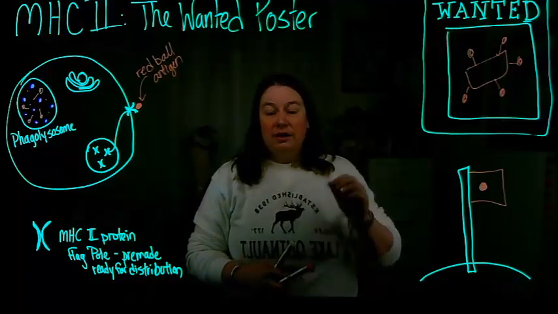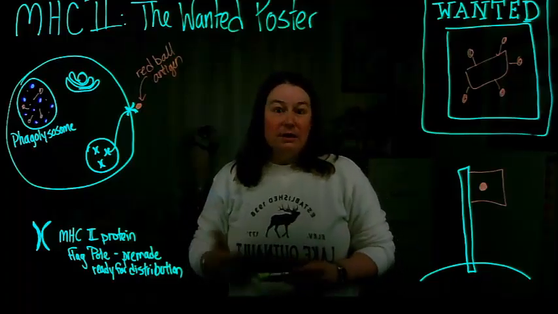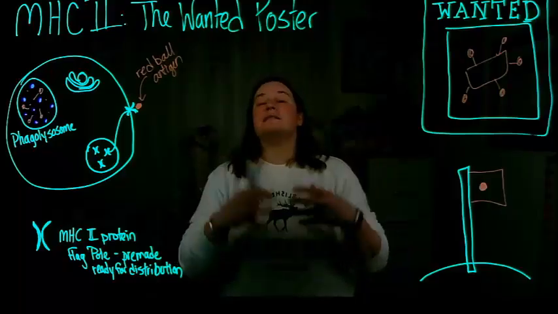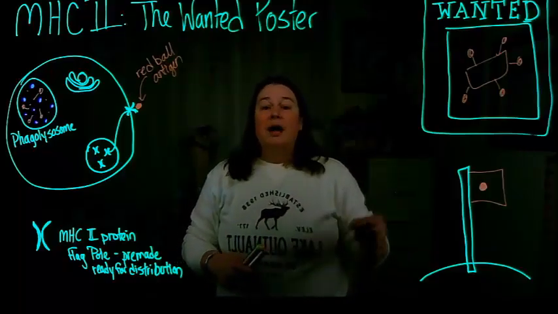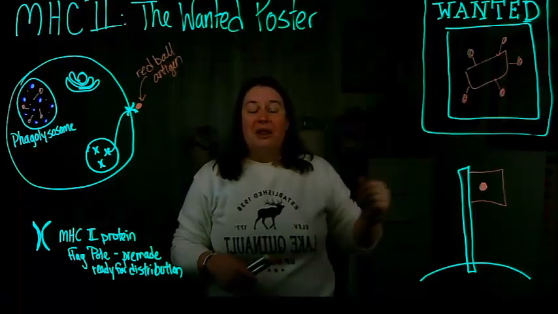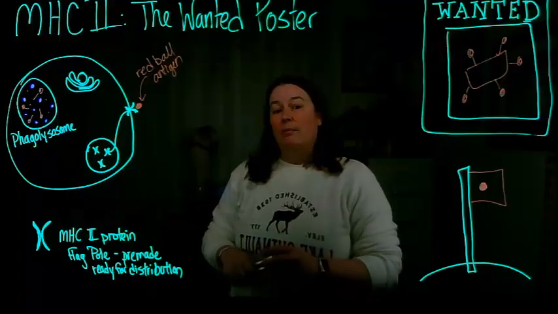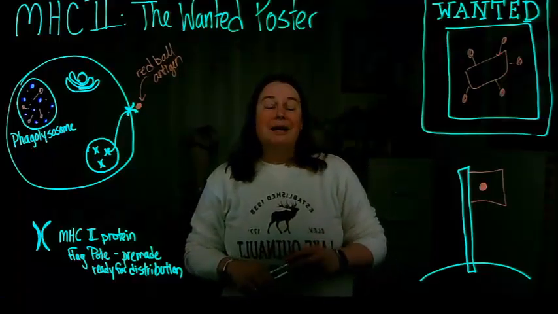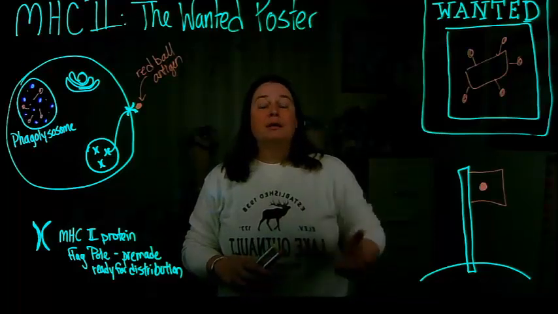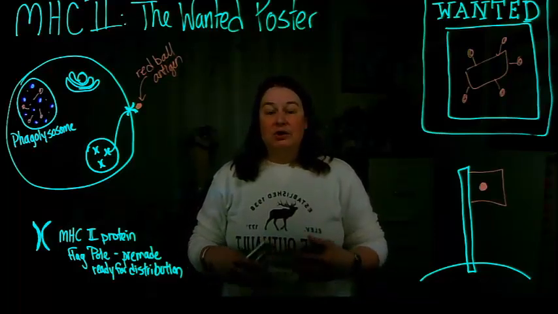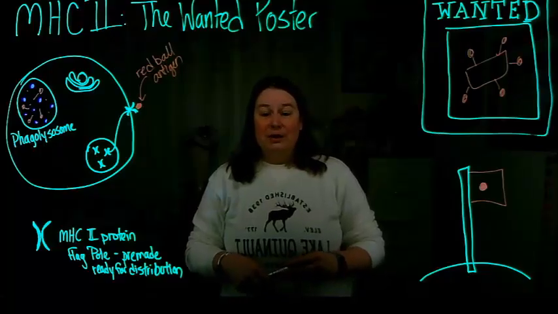This is something that the antigen presenting cells have determined is not a component of the body, not something that needs to be there, something we want to seek and destroy. And the wanted poster, the flag says, hey, any other cell, if you come up and you find this red ball antigen, we want to attack it. We want to kill it and eliminate it. So this is very important in cell signaling to start to pass on the information of this is something that we want to seek and destroy.